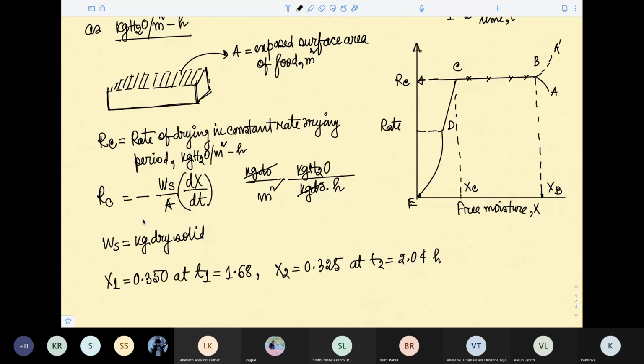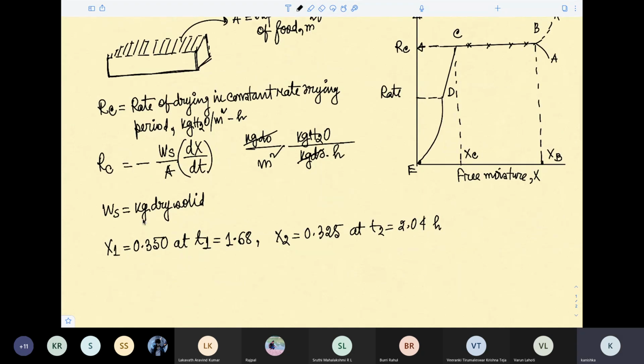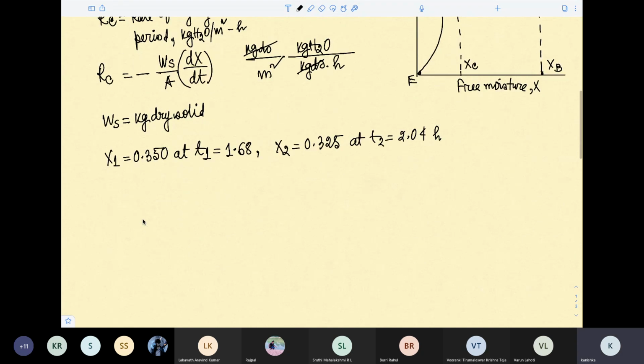All right. If you have any question, please feel free to ask me. Then x1 minus x2 divided by t1 minus t2 equals 0.350 minus 0.325 divided by 1.68 minus 2.04.